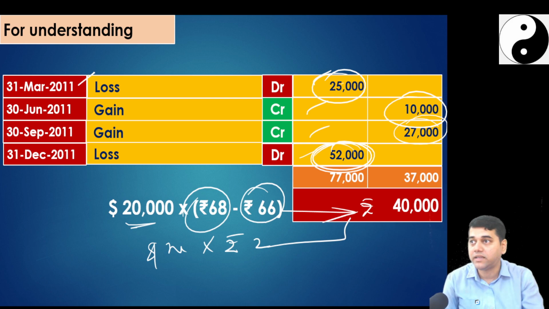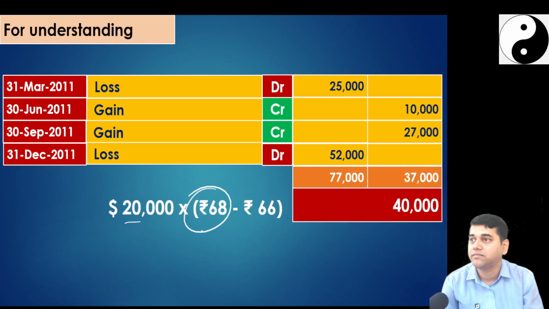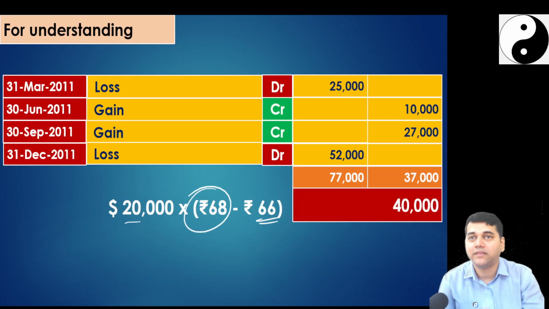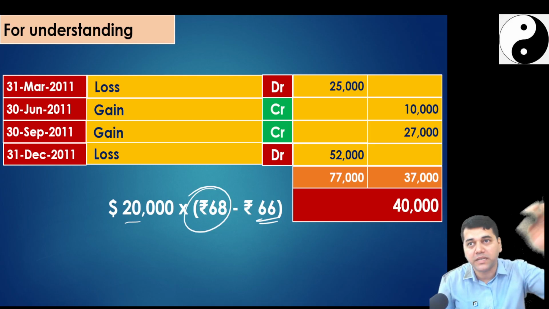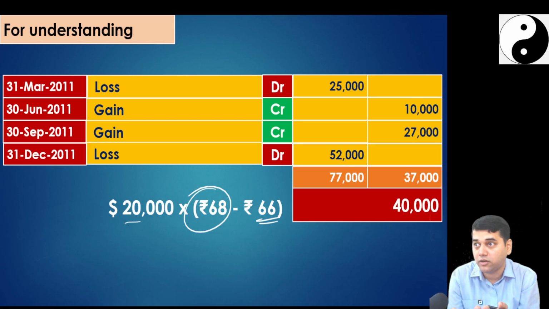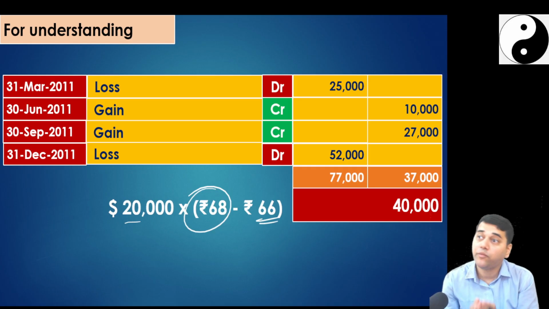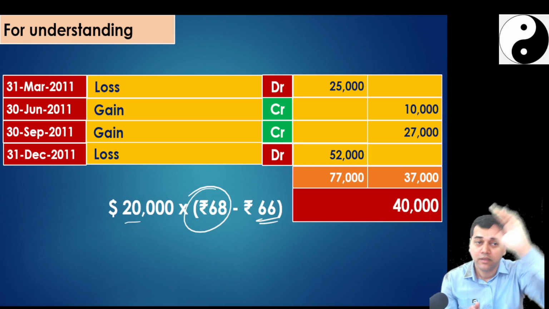See, on day 1, 1st of January, you said, I will buy dollar at 68. And the actual rate was 66. Are you happy or sad? You should be sad. Like, for example, to tell you in simple language, your parents agreed to purchase one plot of land at 10 lakh rupees on 31st December.